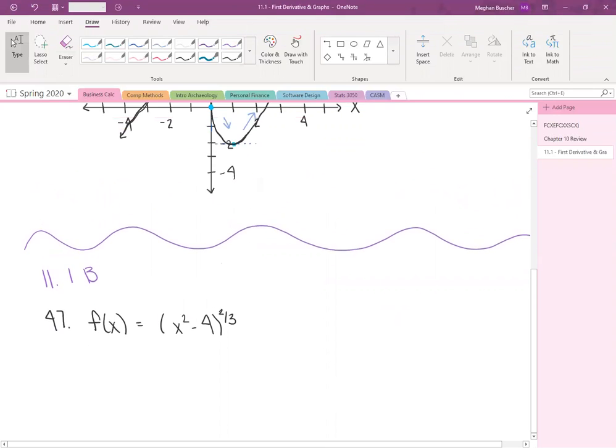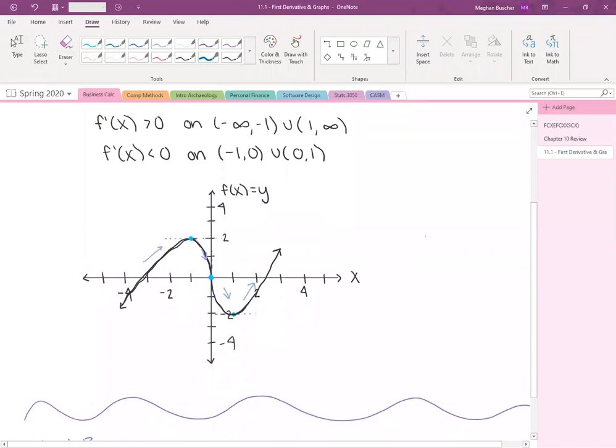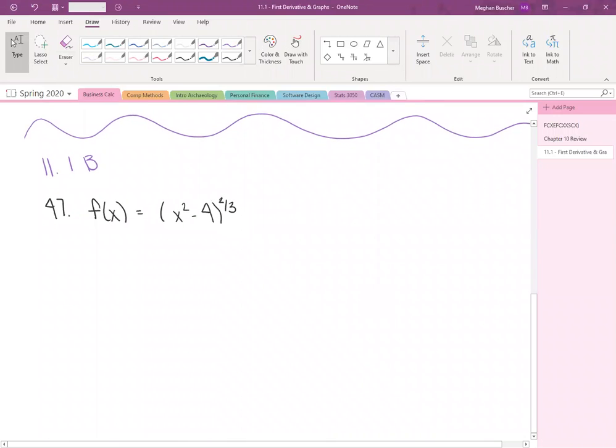So we kind of hinted at it up here with this problem, but how do we know when the function is increasing and decreasing? Do we guess? Do we plug in numbers and see when the numbers are going up and when they're going down? What do we do?